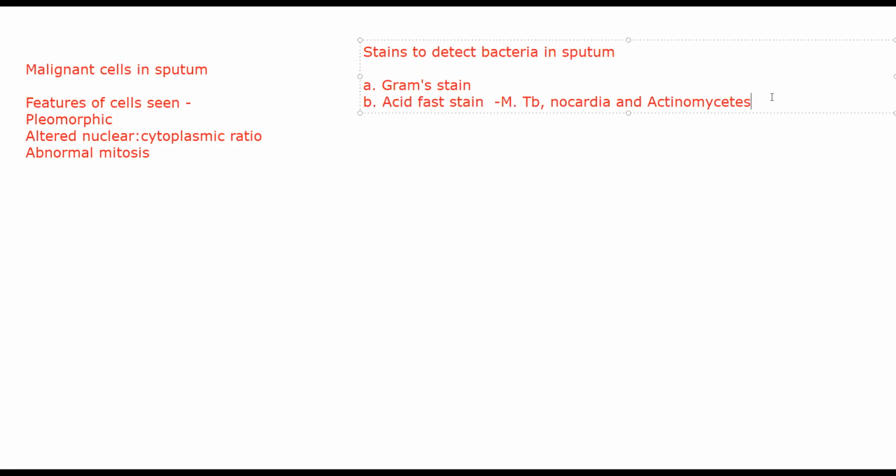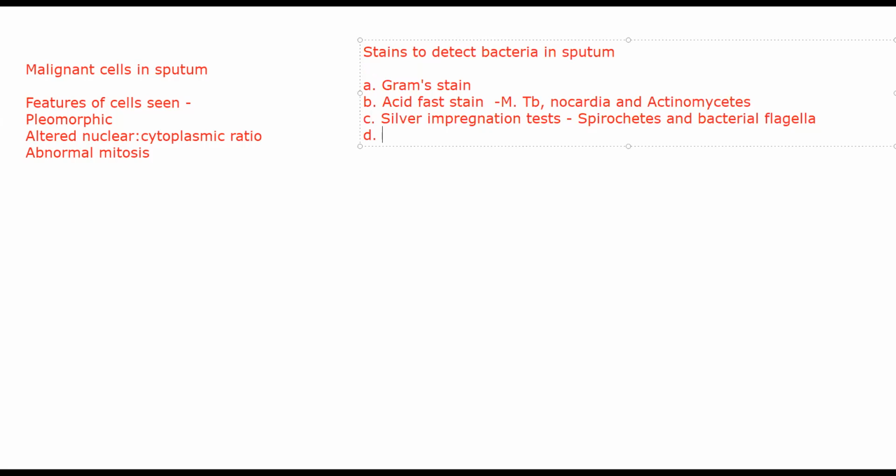You can use a silver impregnation test, especially in the case of spirochetes and bacterial flagella. Treponema pallidum, which causes syphilis, is a spirochete, and to detect it you can use the silver impregnation test. So, silver impregnation test, mainly for spirochetes and bacterial flagella.